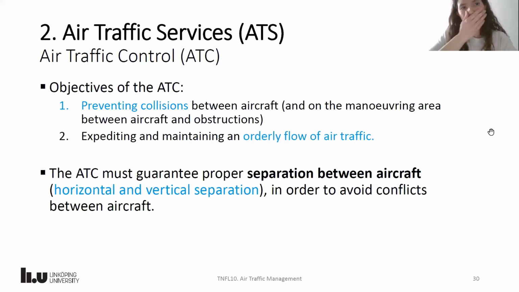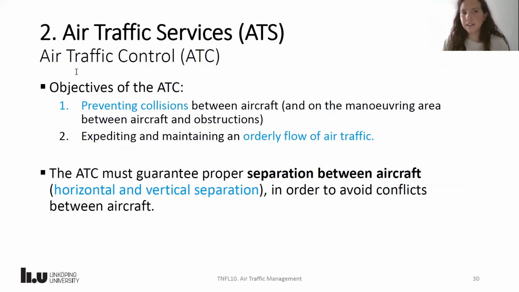Okay, so let's talk about air traffic control. We have talked about alerting service, flight information service, and the last part of the air traffic services, which is air traffic control, the figure of air traffic controllers that we all have in mind.